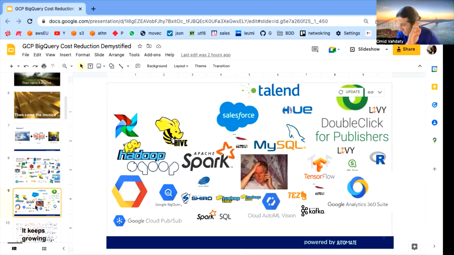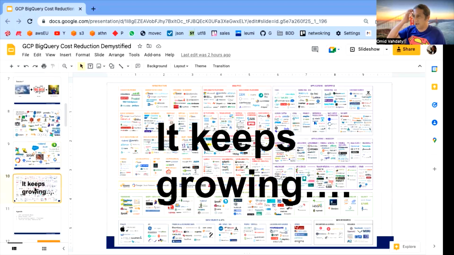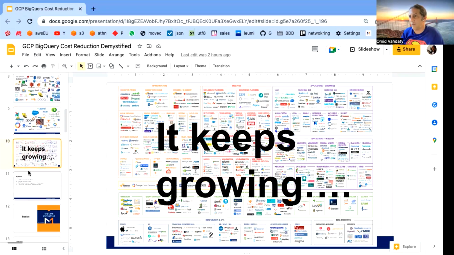But the beauty of GCP is that they try to make everything simple for the end user. At the end of the day, the amount of technologies is staggering. They keep growing. They keep replacing with new and better and faster and cheaper technologies. And it's always a challenge.